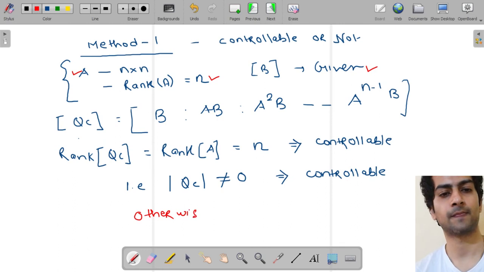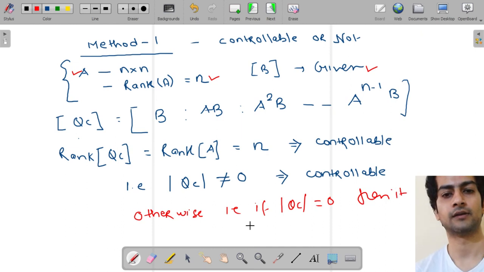Otherwise, that is, if the mod of QC is equal to 0, then it is not controllable.